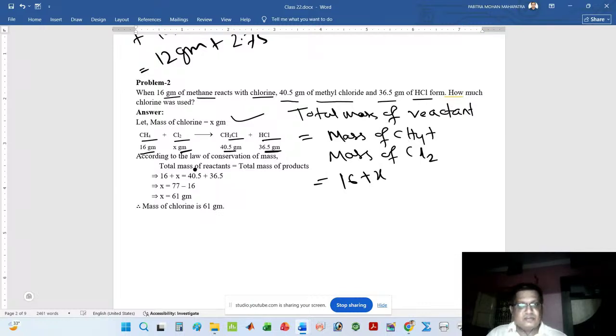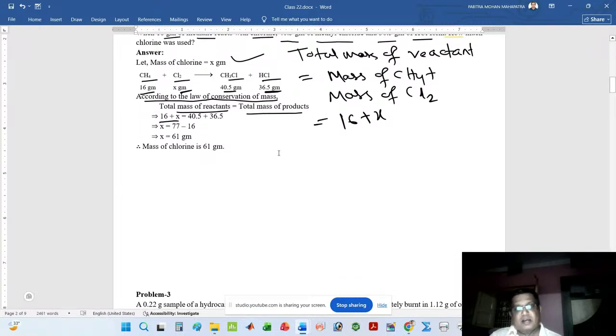Here I can write, according to the law of conservation of mass, total mass of the reactant is equal to total mass of the product. I have written 16 plus x as the total mass of the reactant. Look at the total mass of the product. Here the products are methyl chloride and HCl.